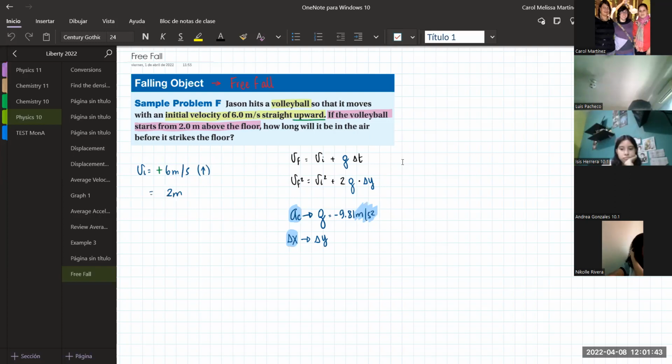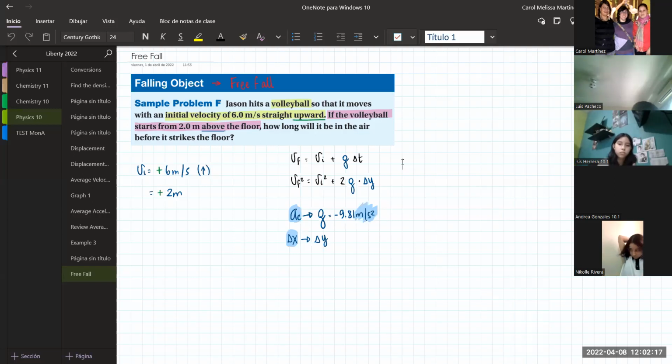So when we say above, it is also a word that indicates that the value is going to be positive. Above is a positive thing, okay? Below the floor, in that case, will be a negative value. Below the sea level, above the sea level, below the table, above the table. Those are what we know as reference, okay?